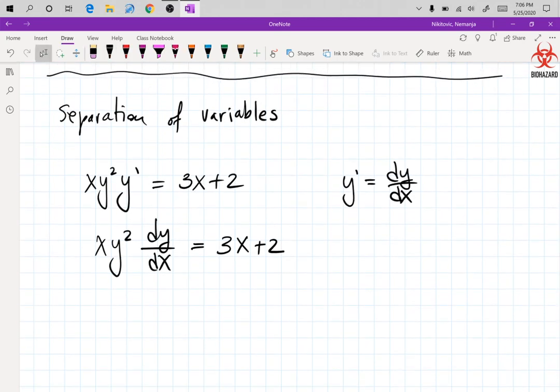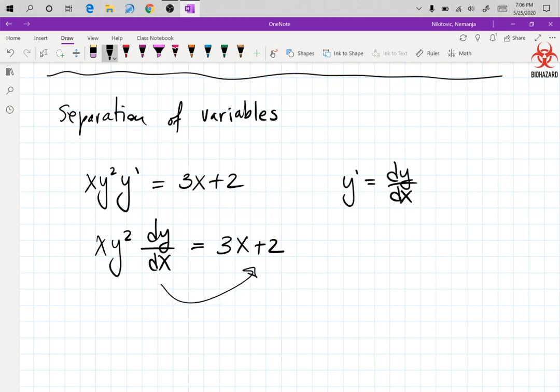There we go. So now what we are going to do is separate the variables. We are going to put all of the variables of one kind, which are x's, on one side of the equation, and all the variables of the other kind, which in this case are y's, on the other side of the equation.